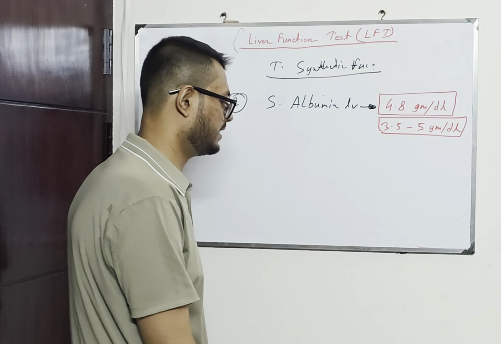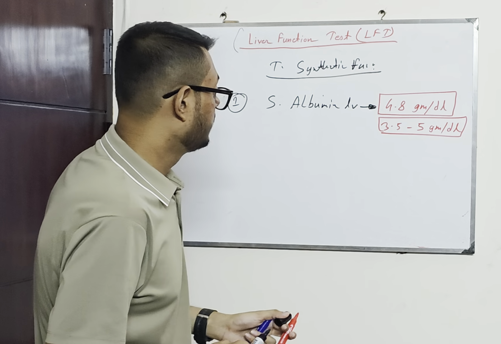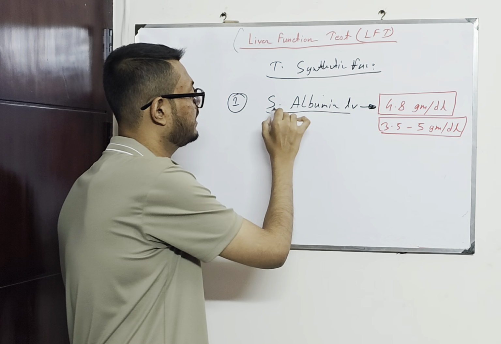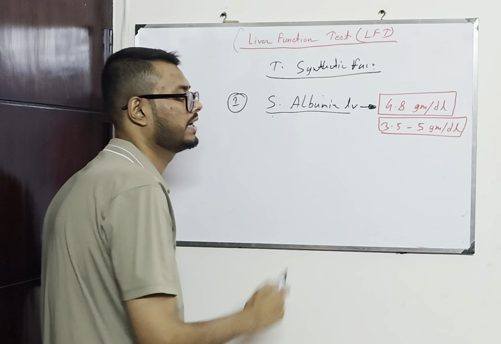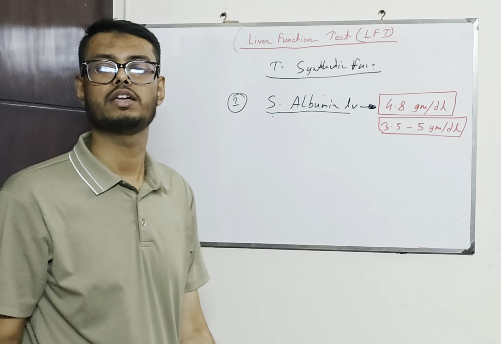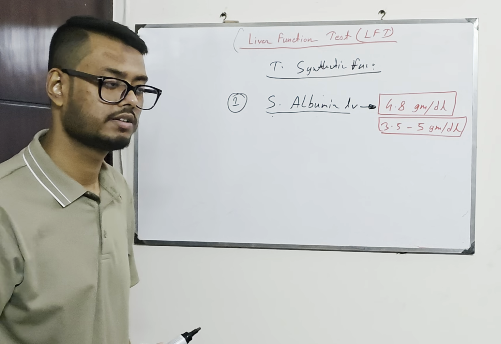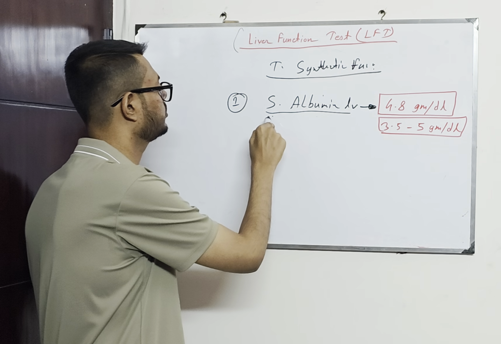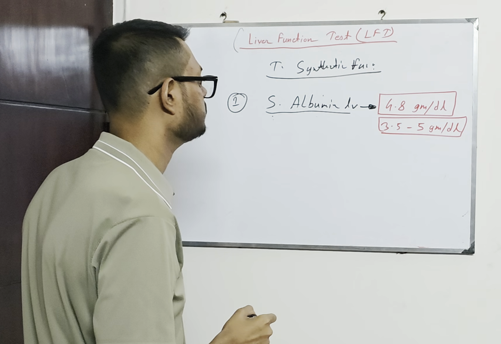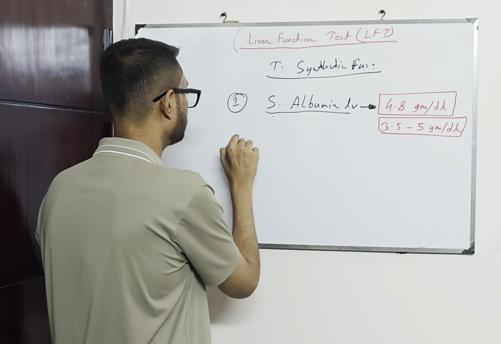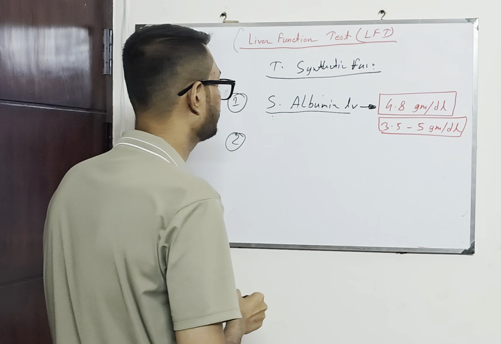So if we see a decrease in the albumin level, the falling in the albumin level, it indicates the severity of the chronic liver disease. In future, we will talk about it in detail. Then we see the second test, that is the albumin globulin ratio.